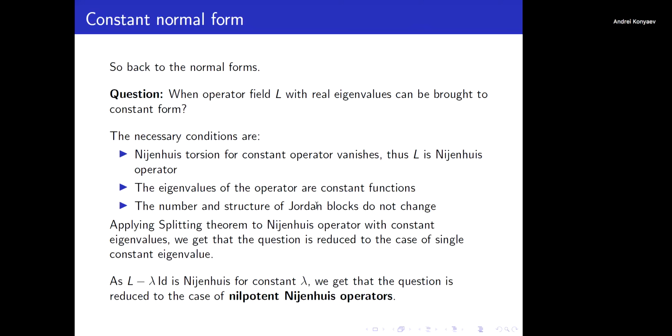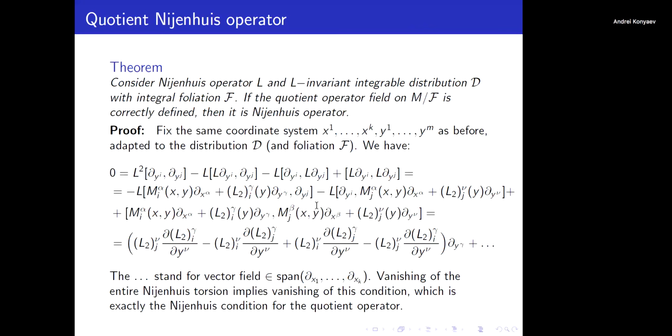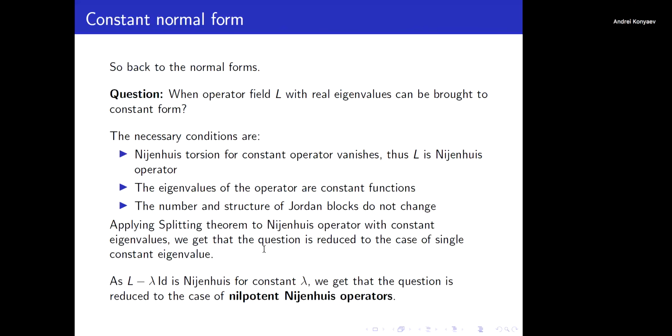The thing is, if you remember the definition of the Nijenhuis torsion for the quotient operator, you'll see that it involves derivatives. So if L2 is a constant operator, it is Nijenhuis.